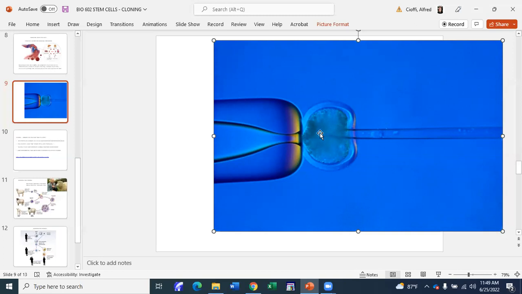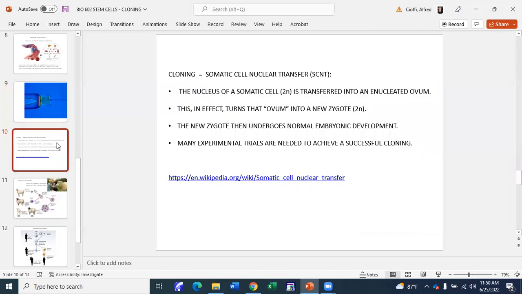So this ovum has been enucleated, and now it's being nucleated with a somatic nucleus, and you can see it right here. Here's a somatic nucleus that is being injected into the enucleated ovum, all right? So that's why it's also known, well, the full term is somatic cell nuclear transfer, SCNT, all right? So it's a nuclear transfer.